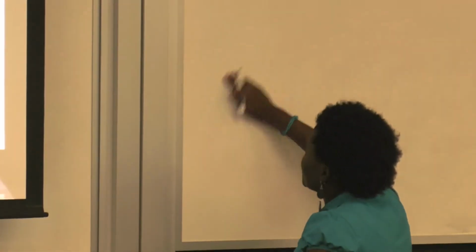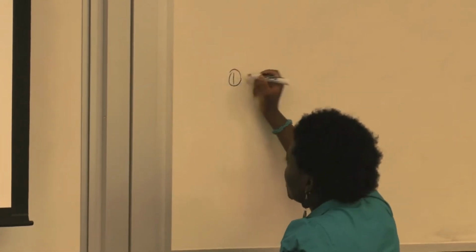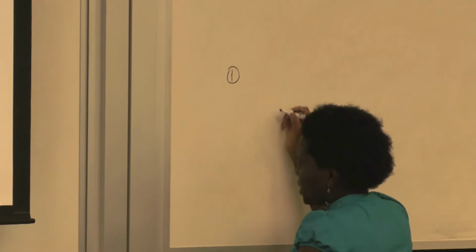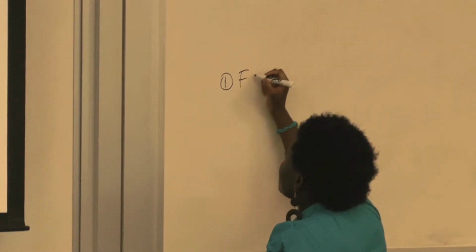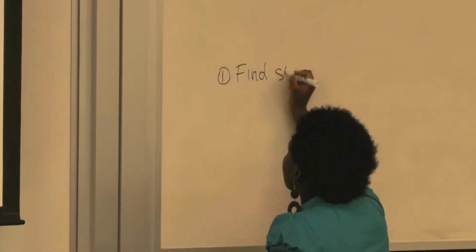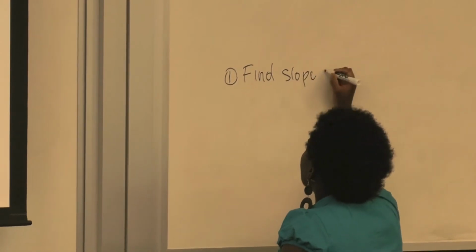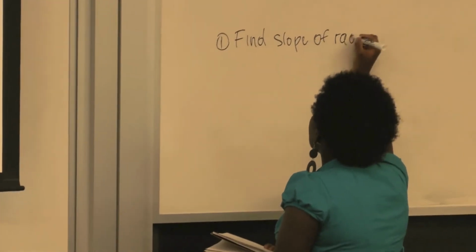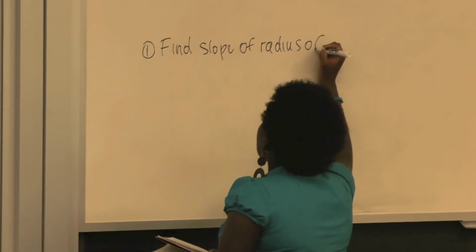So step 1, you want to find the slope of the radius of the given circle.